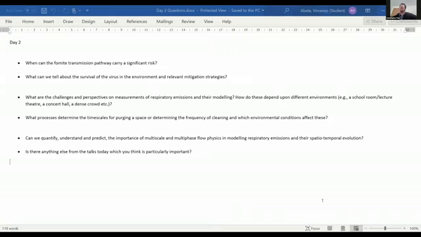They also discussed CO2 as a proxy for aerosols, which is a common theme. The last session, chaired by Lydia, discussed the pros and cons of full CFD versus averaging methods, given the short timescales we are working to get results from. So that's a very brief summary of yesterday.